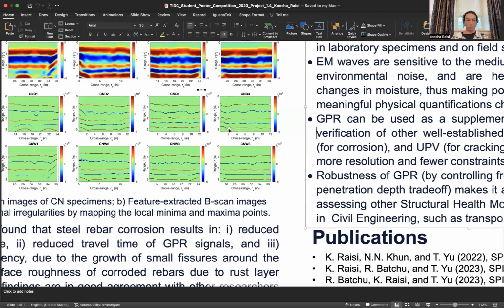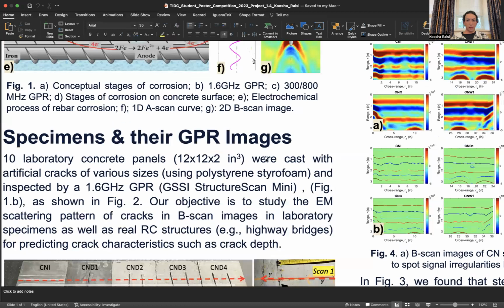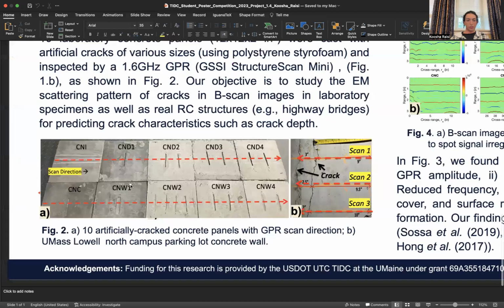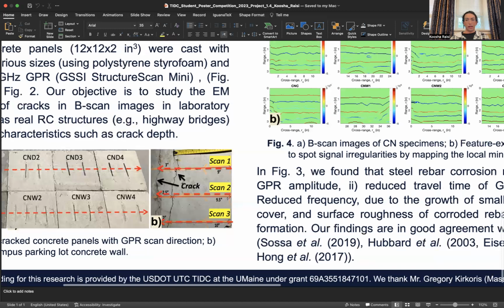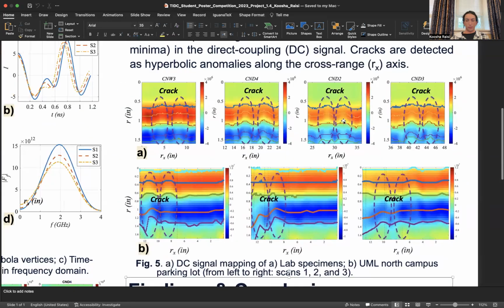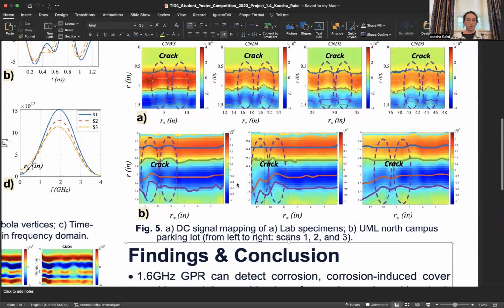These are the 4 specimens that we have here, and each of them has 2 cracks, and we can clearly see them visually. And by mapping them, we can see their hyperbolic patterns, which can be quantified mathematically.